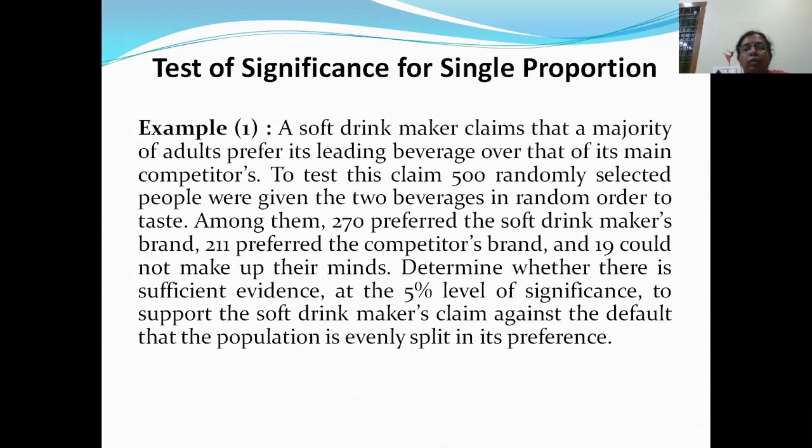Among them, 270 preferred the soft drink maker's brand, 211 preferred the competitor's brand, and 19 could not make up their minds. Now determine whether there is sufficient evidence at 5% level of significance to support the soft drink maker's claim against the default that the population is evenly split in its preference.